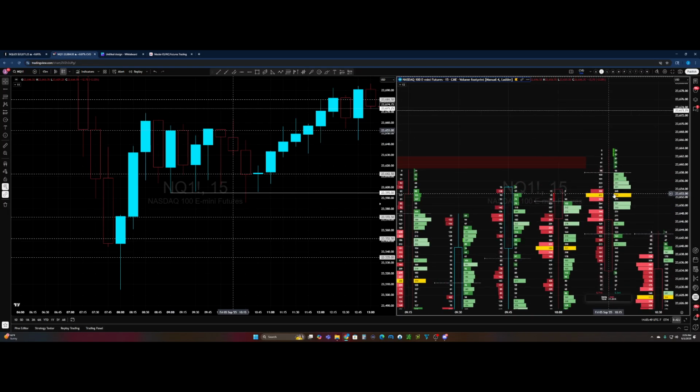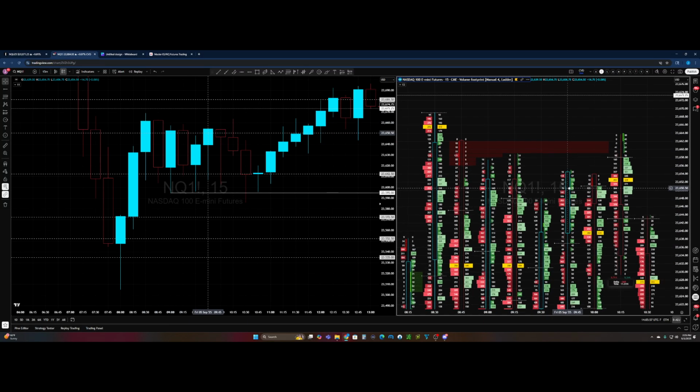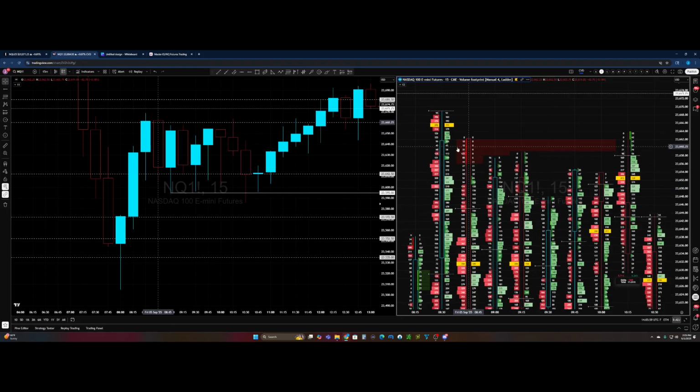Here, buyers pushed it all the way up and was able to take out all the resting liquidity from this specific sell imbalance, right? Because this is a sell imbalance at the highs, there are probably sell orders here that were left, right?